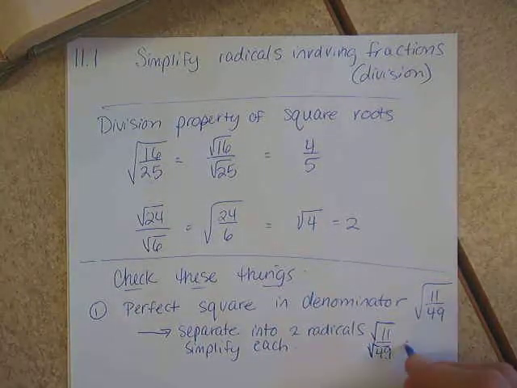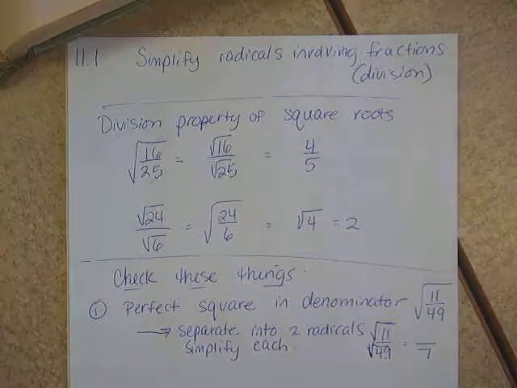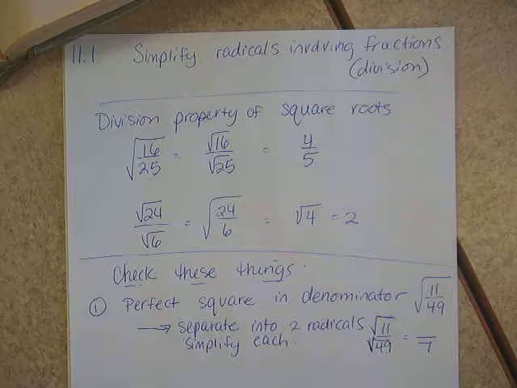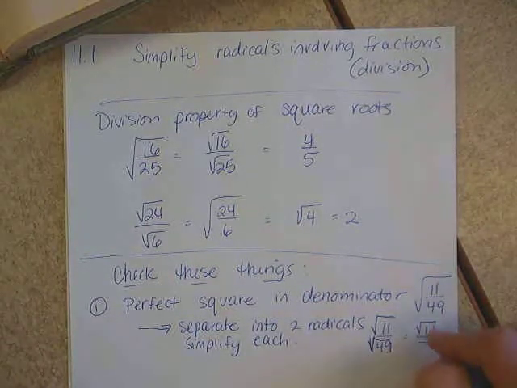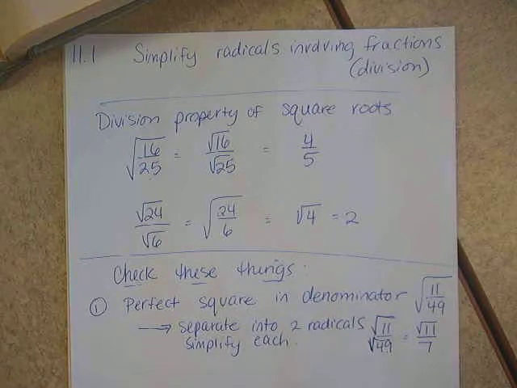So I would separate this into two. The square root of 49 on the bottom is 7. And what happens with 11 on top? It stays the square root of 11. We can't simplify that, right?